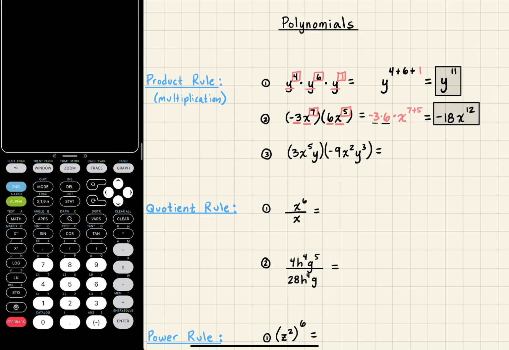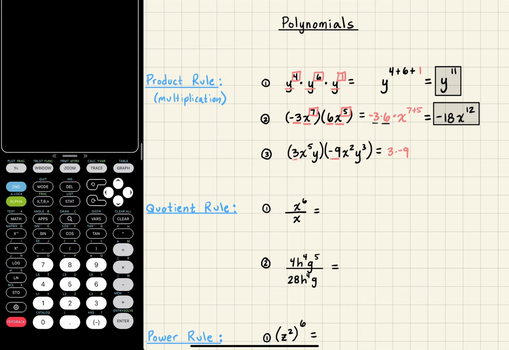Problem number 3 is pretty similar to problem number 2, right? We've got leading coefficients, but we've got two different variables. But that doesn't change much here. Start off the same. We can do 3 times negative 9. Okay. And then we can only multiply terms of like bases.